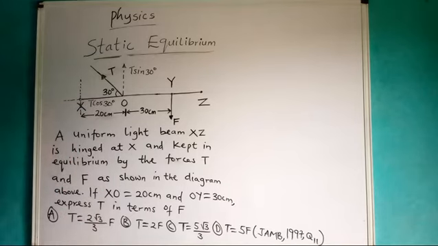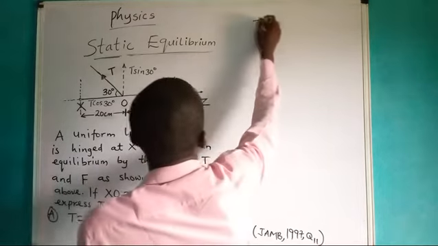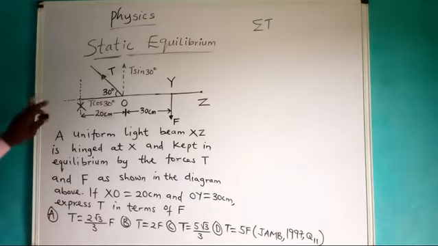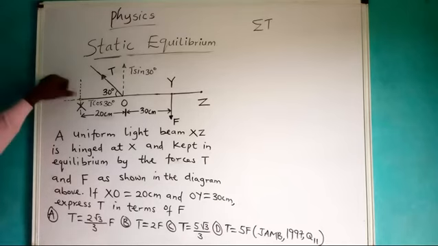I will only use this one here. Now we are using the second condition, which has to do with the sum of the torque, meaning we have to determine the axis of rotation. This is the axis of rotation at this very point, where the body will rotate.